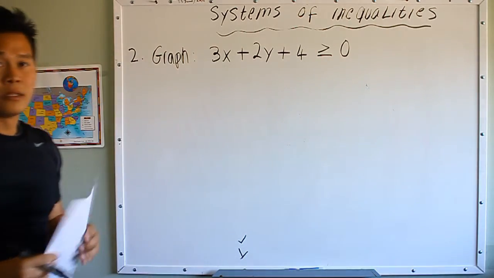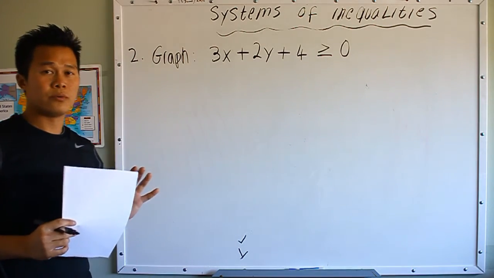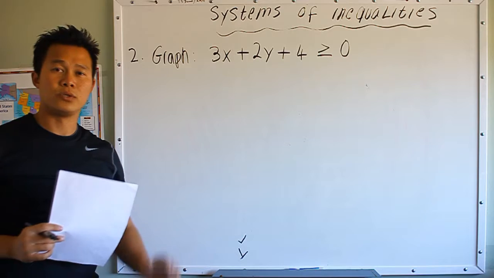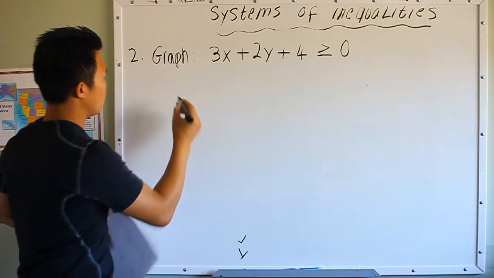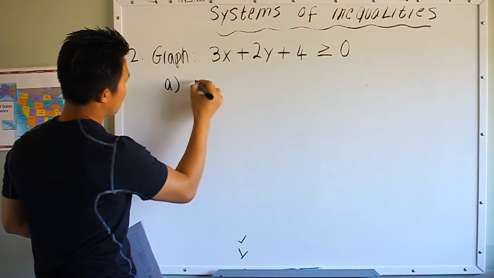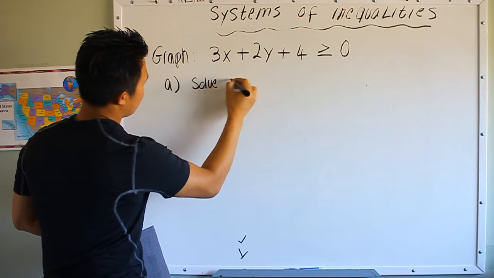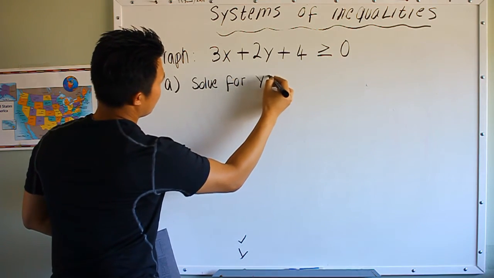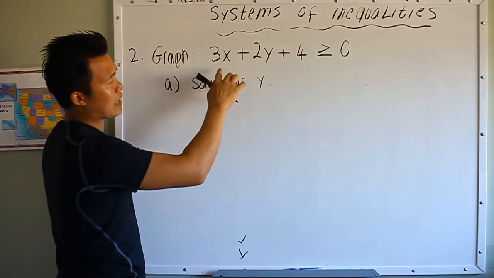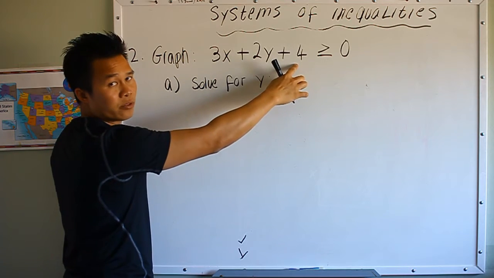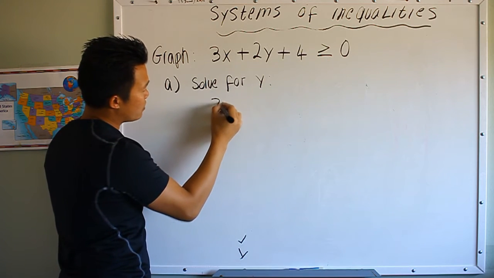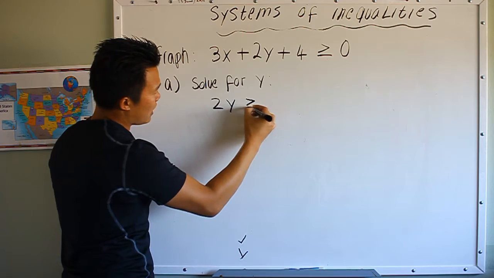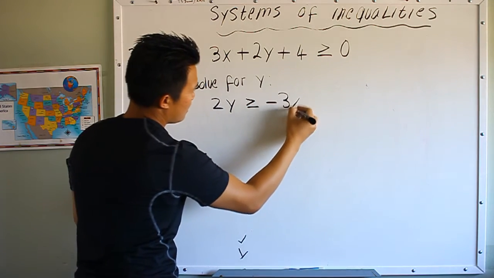The first thing we do before we can graph this is to solve for y. To solve for y, we subtract 3x and 4 from both sides.